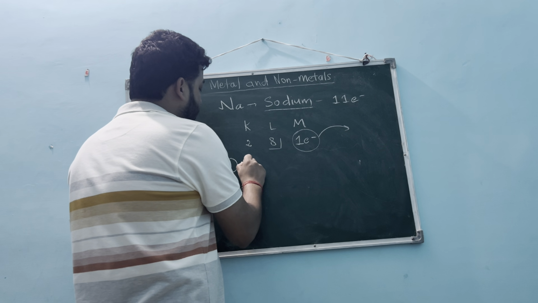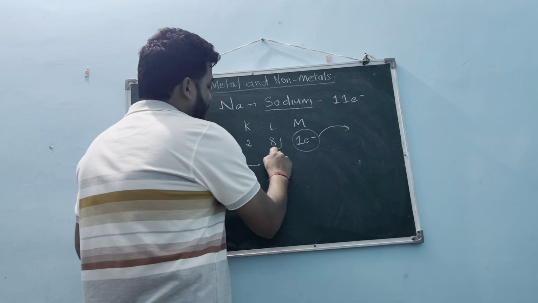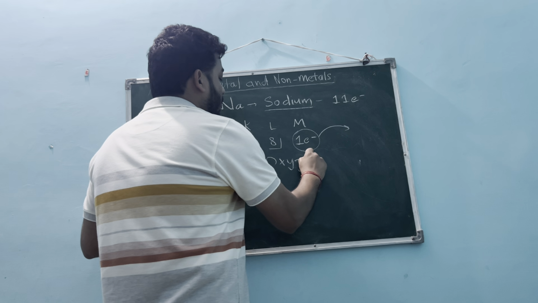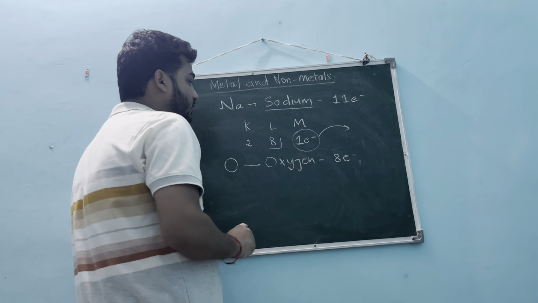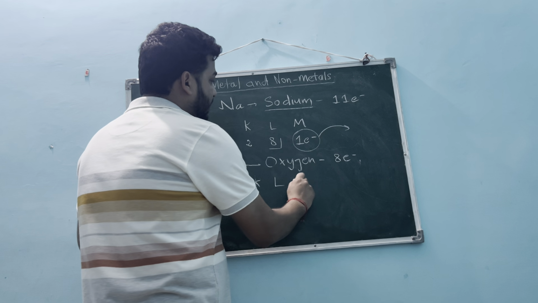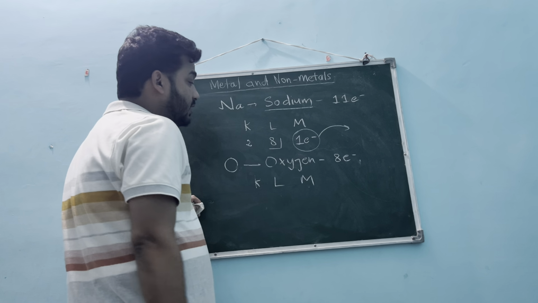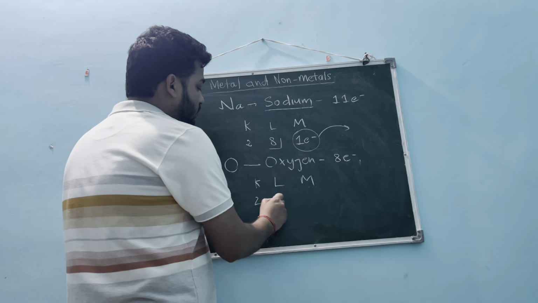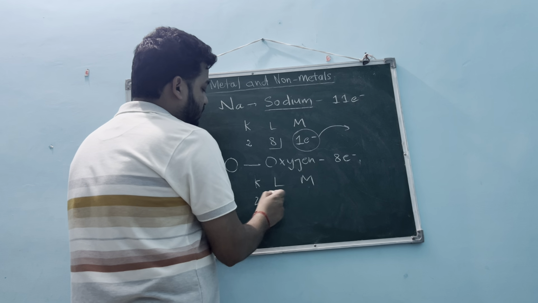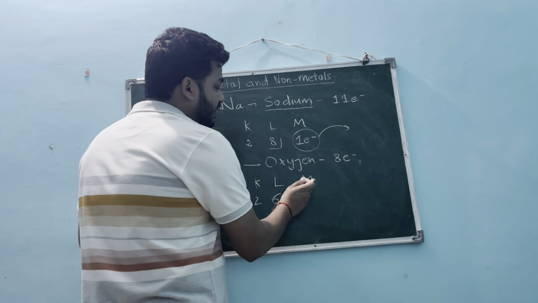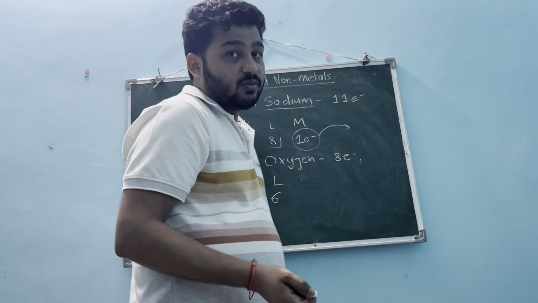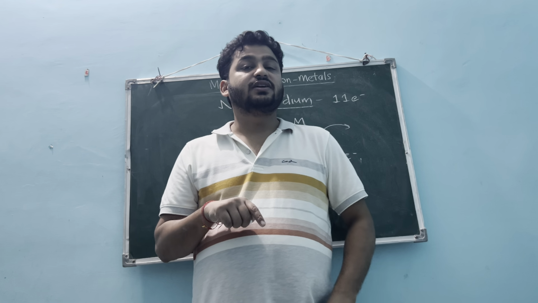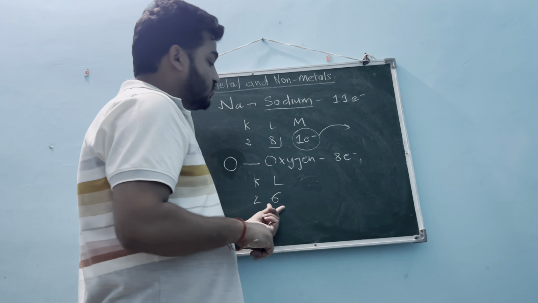In the same way, if we do it for oxygen, oxygen has 8 electrons in total. So we fill them in shells: first 2, then 8, then 6, and then we don't need the next shell. Now to get stability, it also needs 8 electrons in its last shell, but it has only 6.